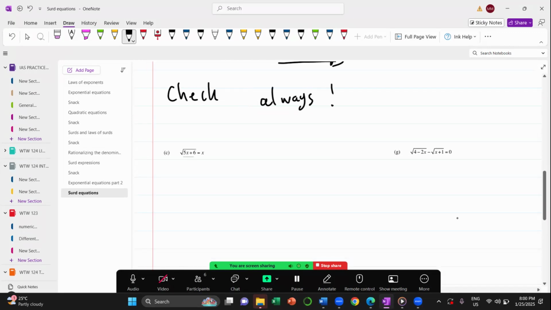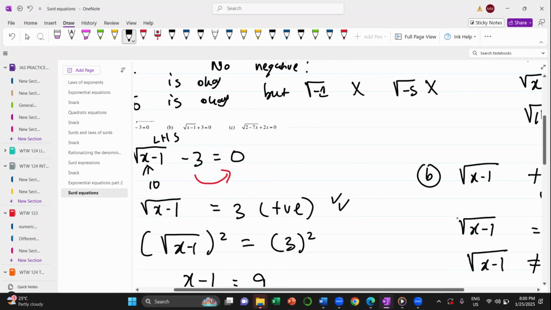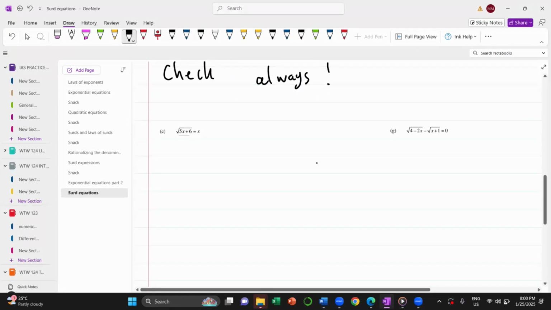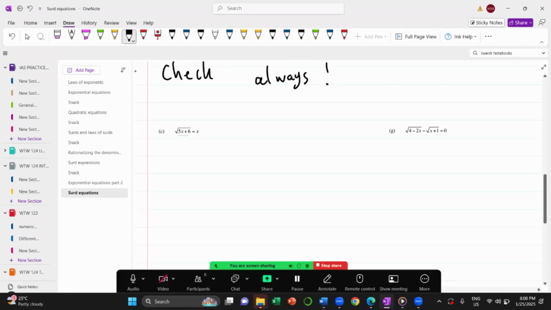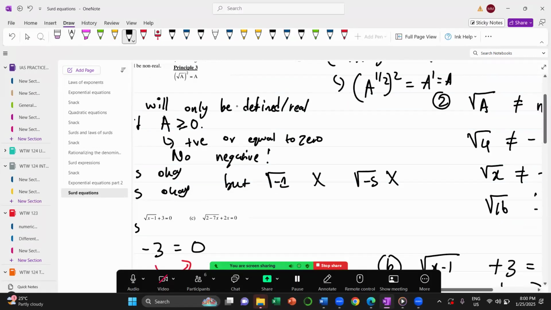So let me just do this last problem. Let me just move this one a bit further down. And let us see.